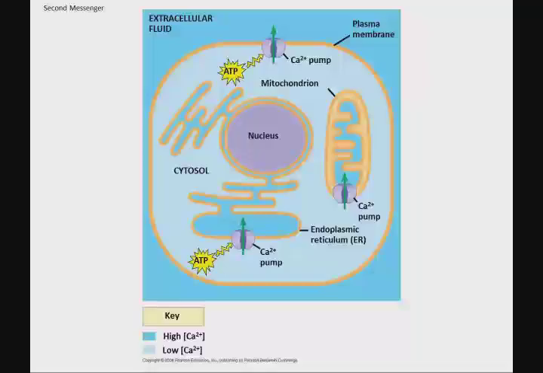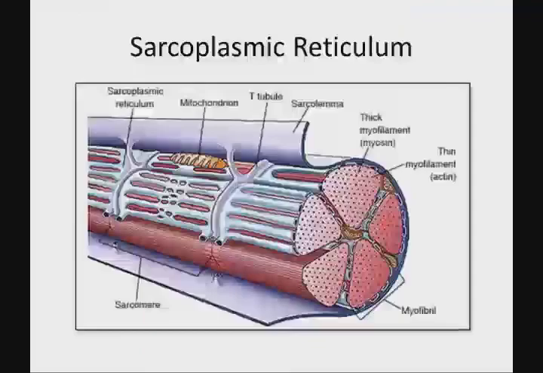And so what we can do is tap into that to release a burst, a wave of calcium that can act as a second messenger. And in fact, this is one of the ways that your muscles work. There's a special ER in your muscles called sarcoplasmic reticulum, and these bursts of calcium are very important to how your muscles function.